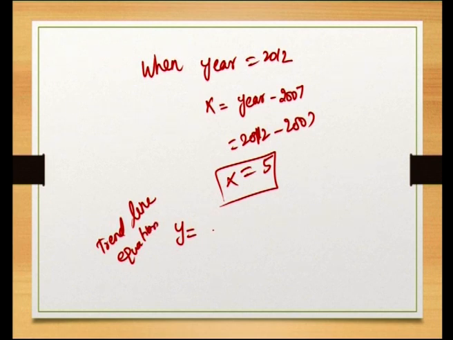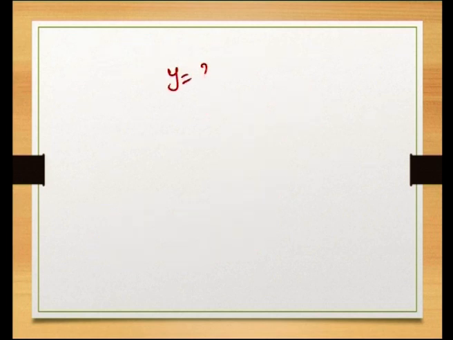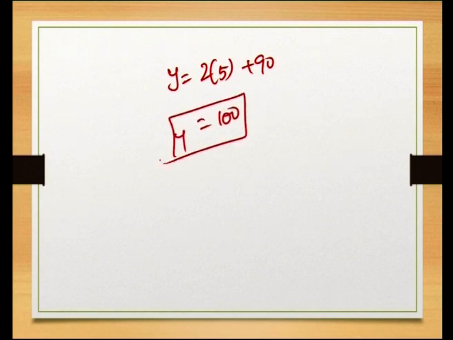The trend line equation is y is equal to 2x plus 90. Substituting for x, y is equal to 2 into 5 plus 90, which is equal to 100. This is the value corresponding to 2012. So the estimated sales of firm A in the year 2012 is 100 metric tons.